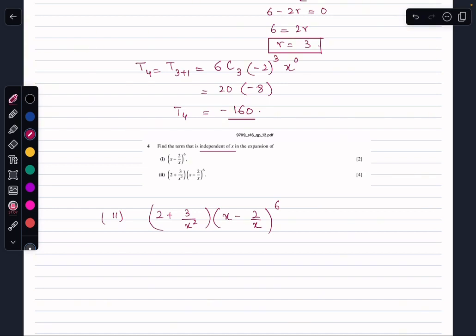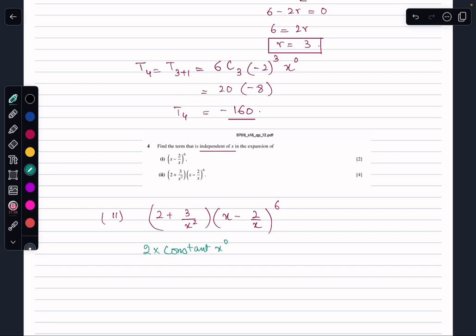If we have the constant 2, it should just get multiplied with a constant in the expansion of x minus 2 by x to the power 6. So it's 2 times the constant value, and that should give me the term which is independent of x, since a constant has x to the power 0.